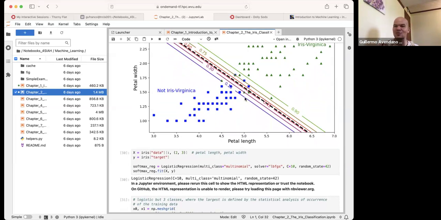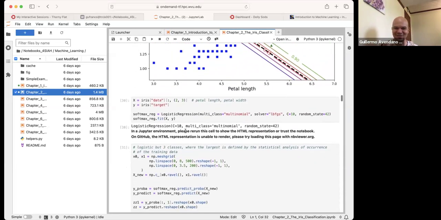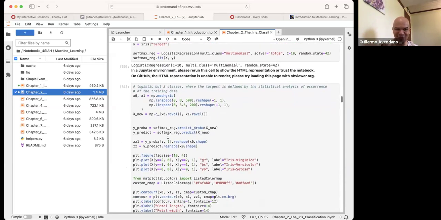So we will be tuning those in such a way that we try to minimize the number of blue squares that are on the other side and the number of green triangles that are on this other side. So we do that here.